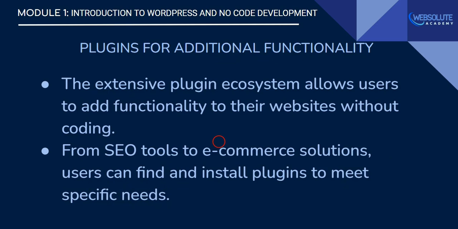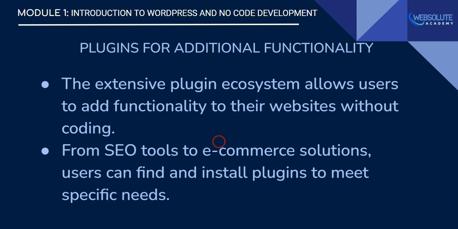Then plugins for additional functionality, like we've discussed in the last video. The extensive plugin ecosystem allows users to add functionality to their websites without coding. The moment you need an online store function on your website, you can look for an e-commerce plugin. You need maybe an SEO function, you can look for an SEO plugin.